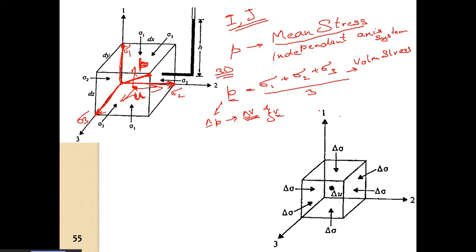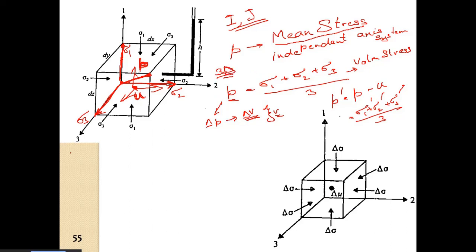The u will cancel out, that is thrice u by 3, ultimately minus u, so we can write that p dash is equal to p minus u, which is equal to sigma 1 dash plus sigma 2 dash plus sigma 3 dash by 3. This is of course for the 3D case.